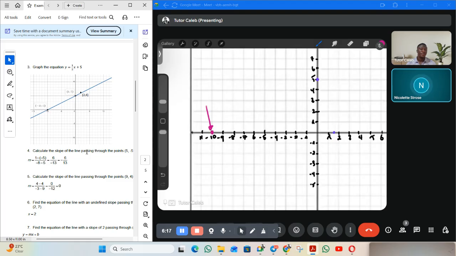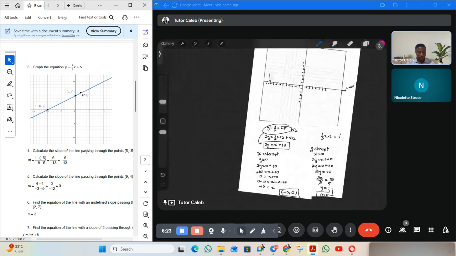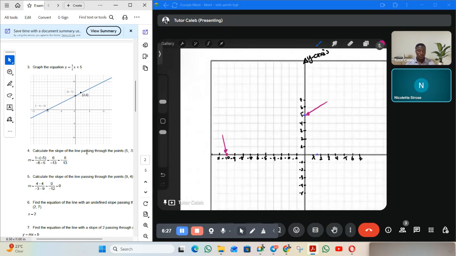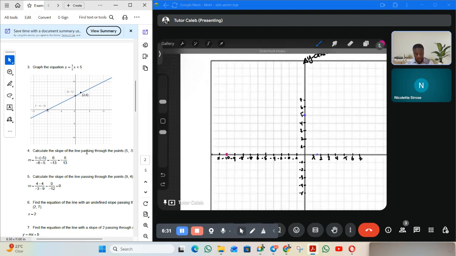Yes. Now, 0 and 5 for the y. This is it here. All right, let me remove these arrows then. Now, if I draw a line to link these two points, a line will be something like this.